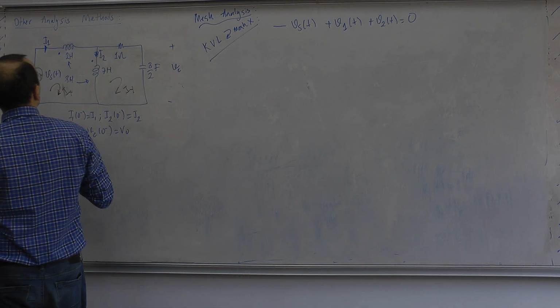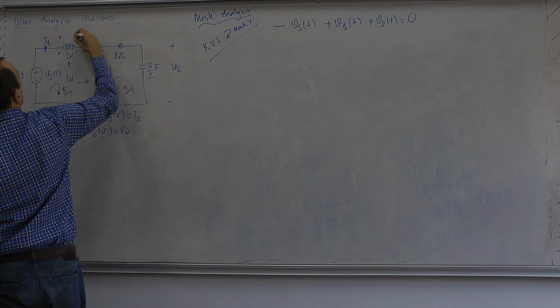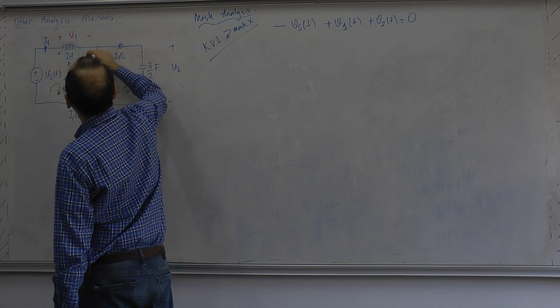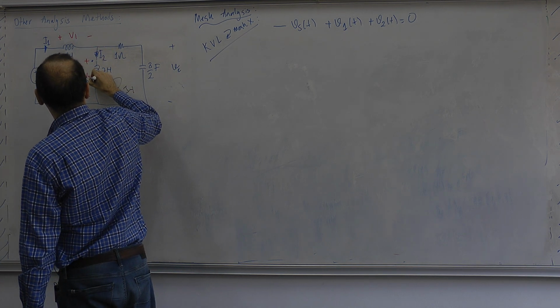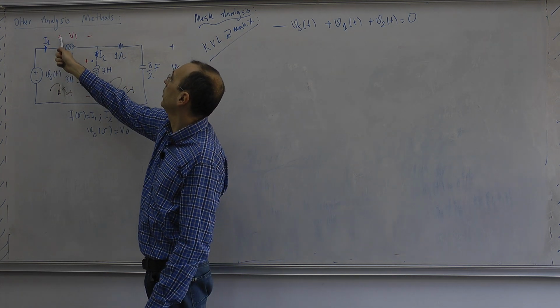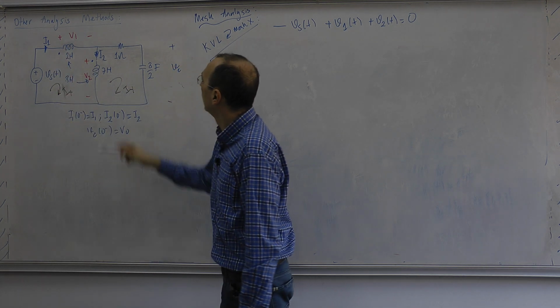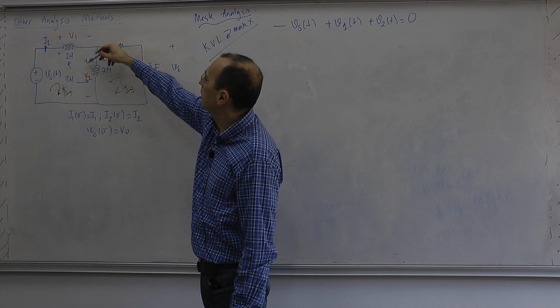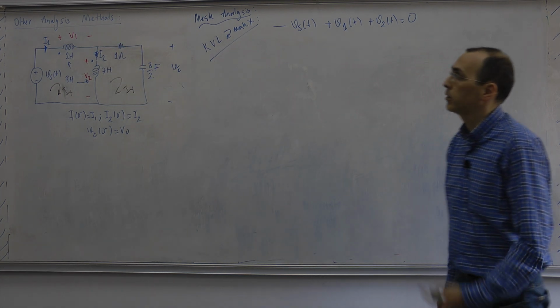Let me introduce them. So this is a mutual inductor. As you see, I1 enters into the dot, and there's a plus sign aligned with the dot. I2 enters into the dot, and there's a plus sign next to this dot.